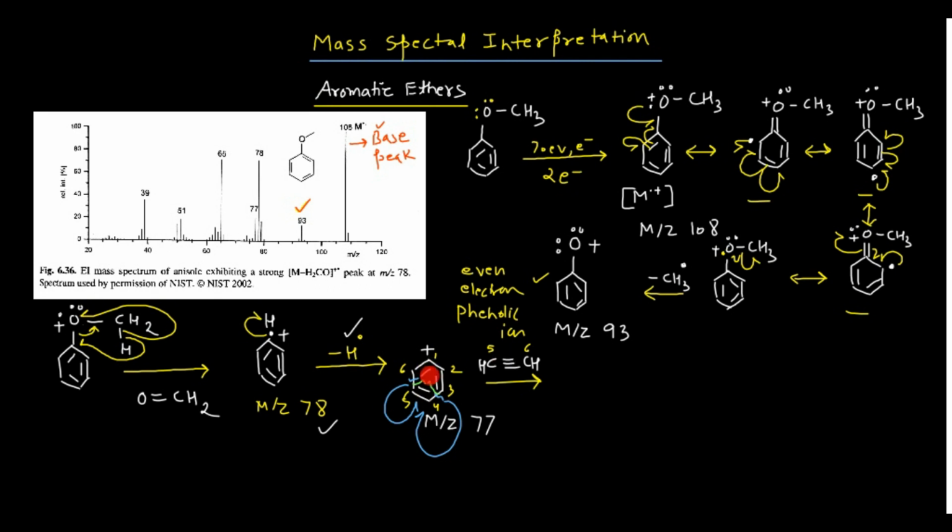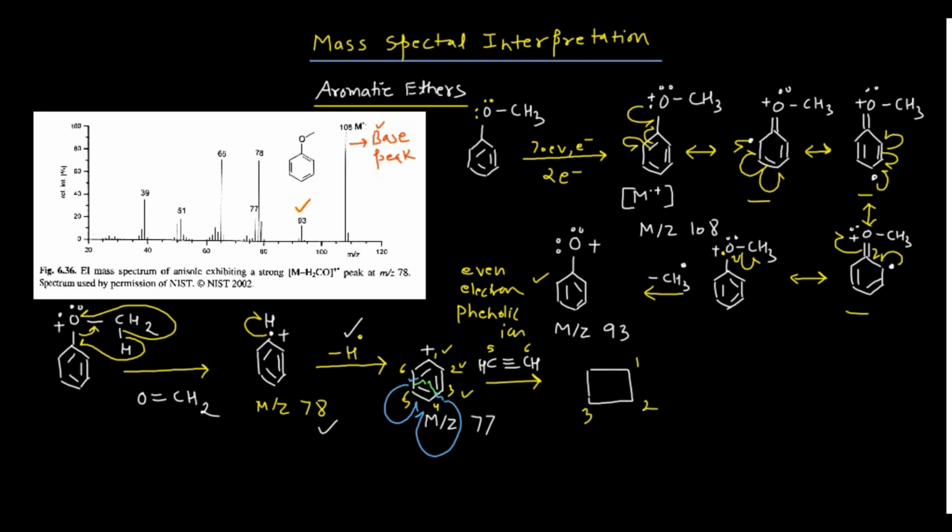Now you are left with only 4 carbons, and those 4 carbons would be 1, 2, 3, 4. So you can make a 4-membered ring from this. Please be careful while looking at this. Say this is carbon number 1, this is carbon 2, this is 3, and this is 4.